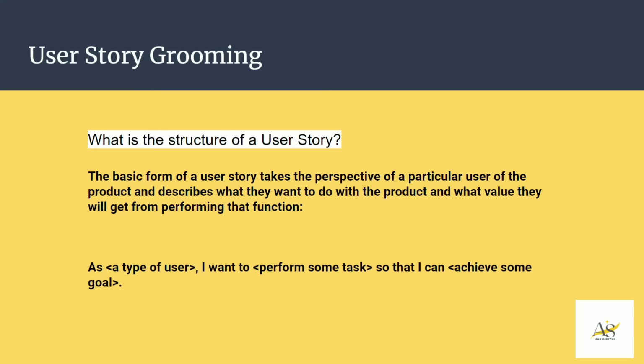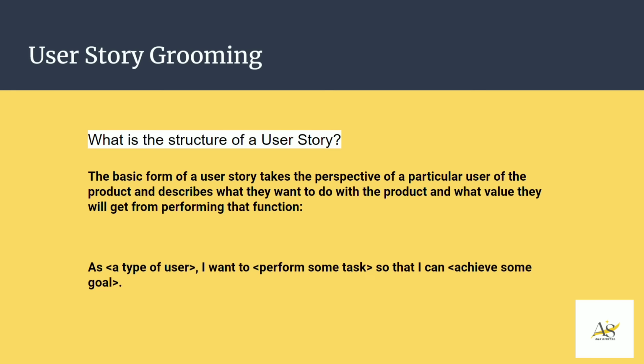A simple way to put the structure is: as some user, say I'm a call center agent, I want to perform some task, maybe I want to close some accounts, so that I can accomplish some goal. And the goal is to satisfy a customer who might be calling into the call center to close their account for whatever reason. Maybe the subscription is no longer needed by them, etc.